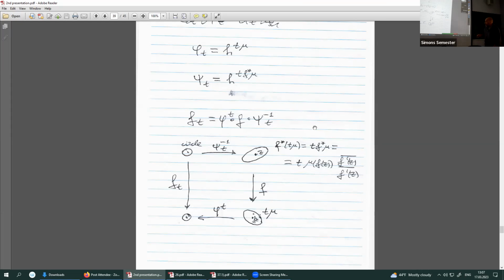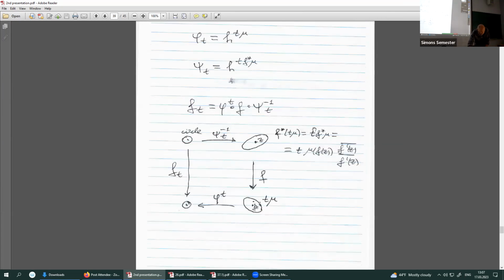Okay? And then by the definition of Pt, we come back to a circle. So after all, Ft maps fields of circles into fields of circles, which means it is holomorphic in Z. That is rational.